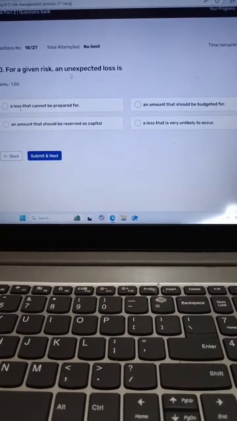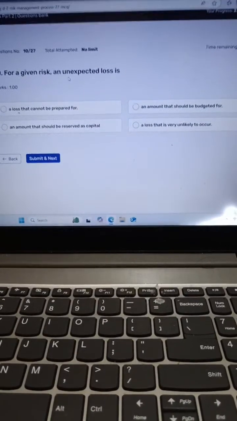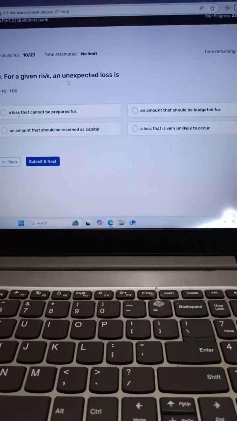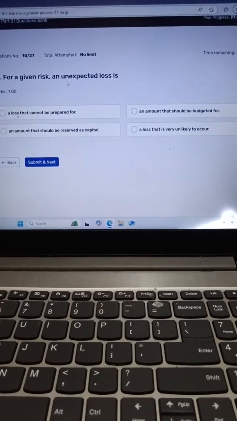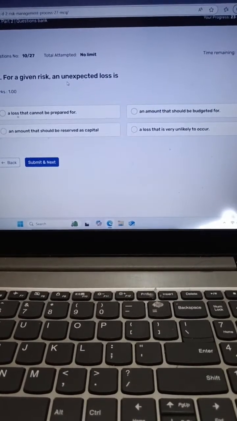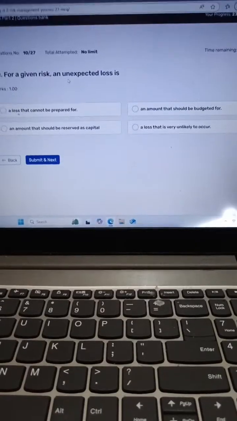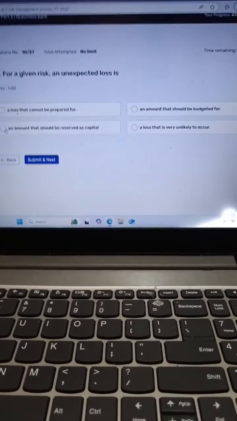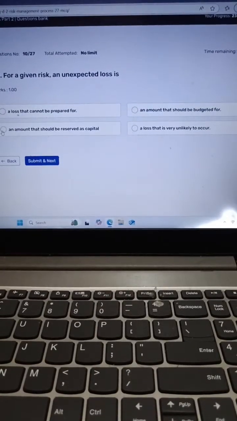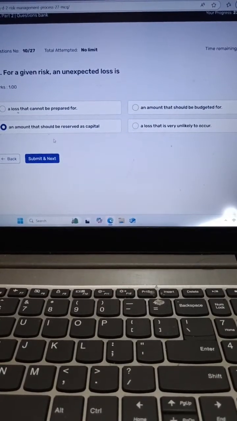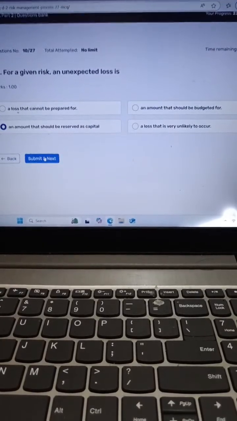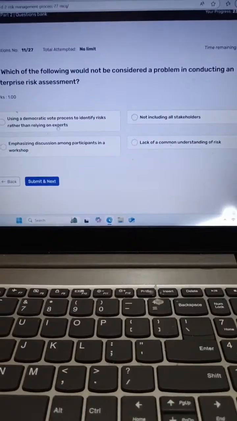Unexpected loss is beyond our expectation and our capacity. In this case, if we get an unexpected loss, we have to draw on our reserve capital, and it will reduce our capital. This answer is also suggested by the IMA Institute.